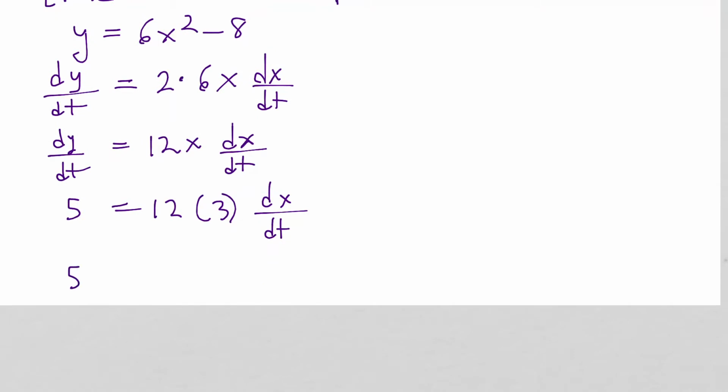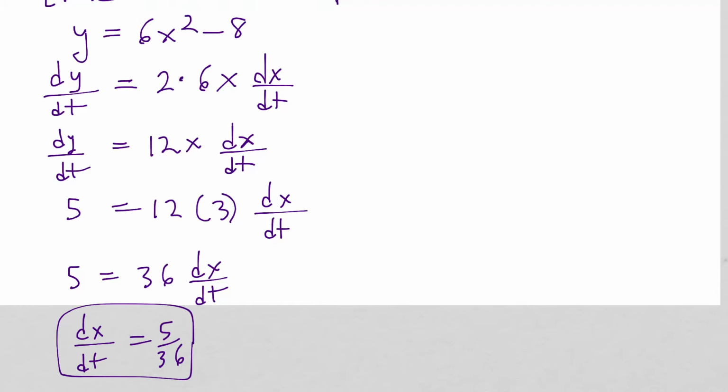So that's 5 is equal to 36 dx/dt. Dividing by 36, then I will have dx/dt is equal to 5 over 36. And that's my solution. I found the rate of change of x with respect to time.